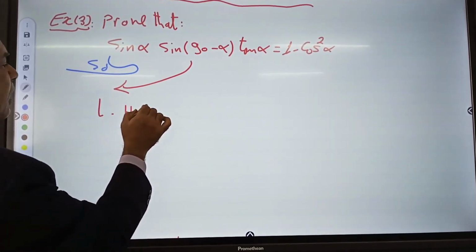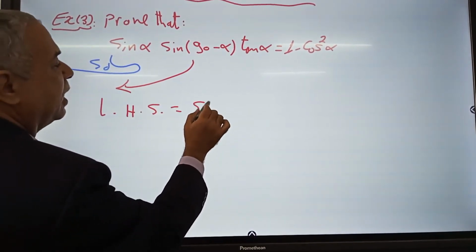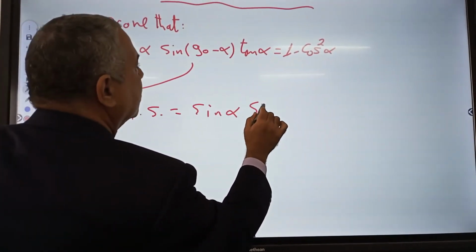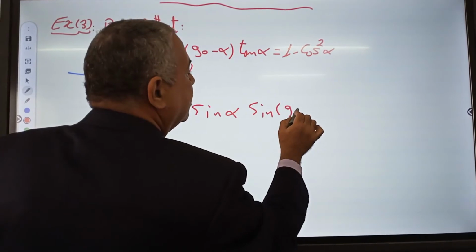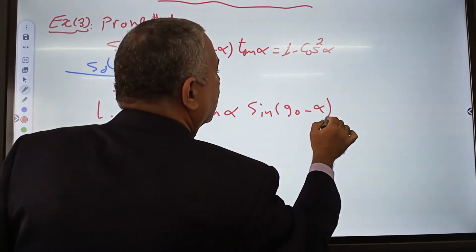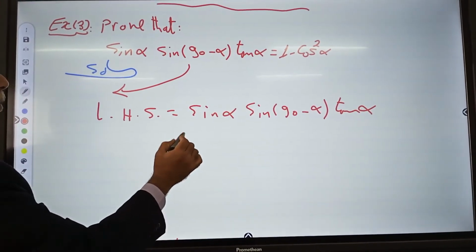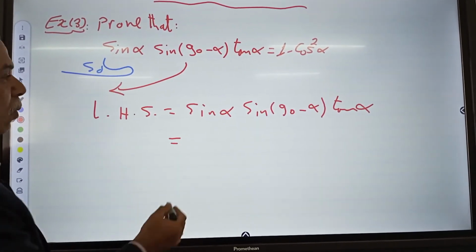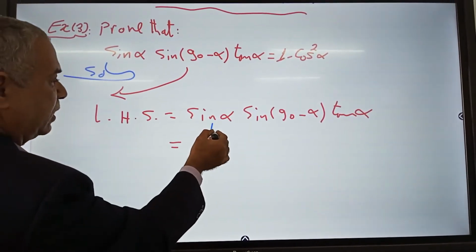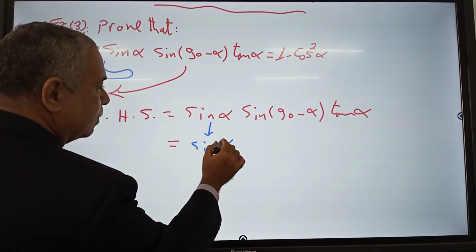The left hand side equals sin α, sin(90 − α) times tan α. Under equals, put the same sin α.